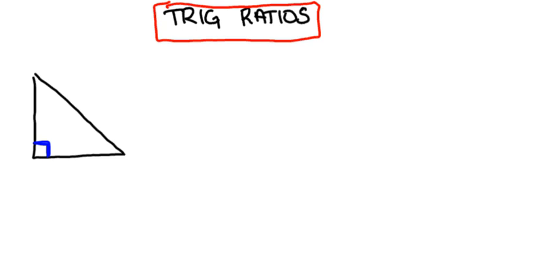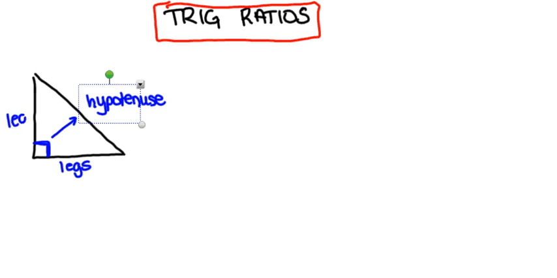And as far as vocabulary is concerned, remember that we name the side that's opposite or across from the right angle. So I draw that little arrow pointing away from the right angle. Remember that that side of the triangle is called the hypotenuse, and the other two sides of the triangle are called the legs.